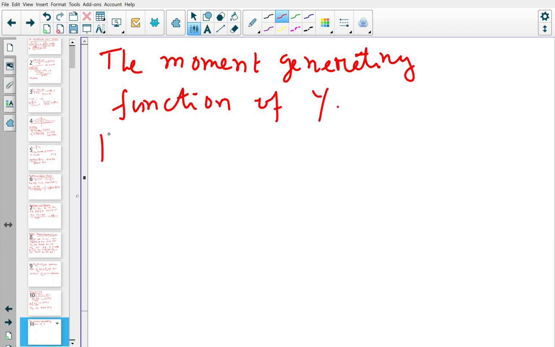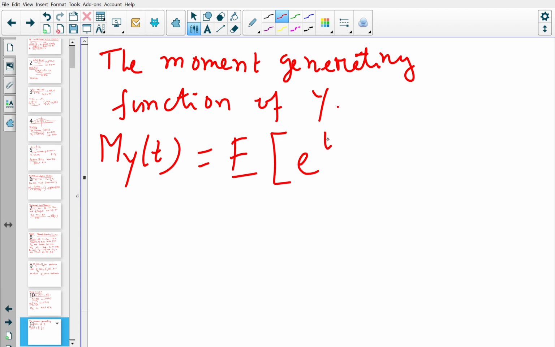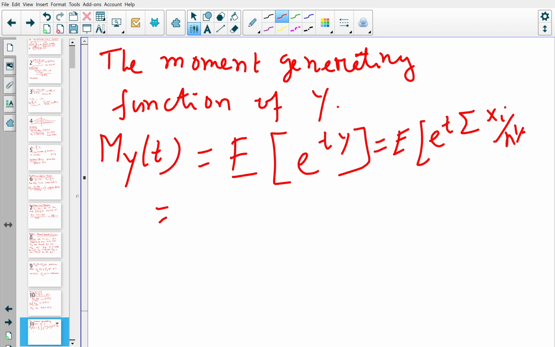By definition, this is nothing but the expectation of e to the power tY. Now we know that Y equals the summation of Xi over n to the power half, i equals 1 to n.